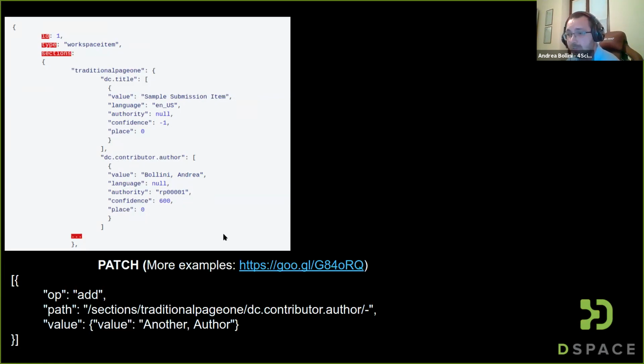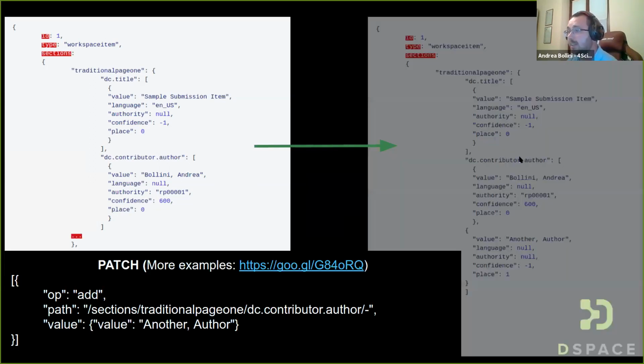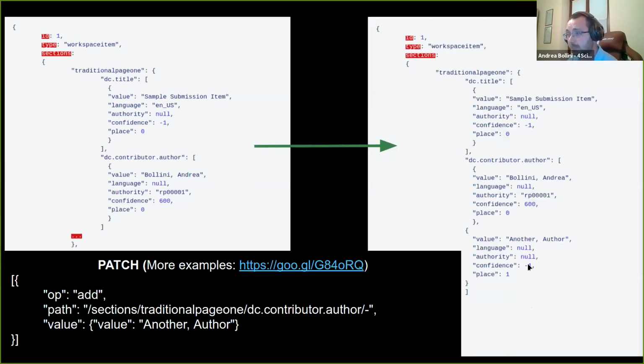And the new value is just a JSON object that has a textual value for the metadata with another author name. So the result of this operation will be a JSON like that for our workspace item.